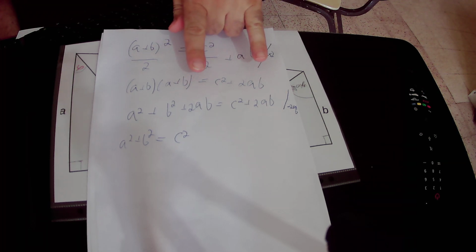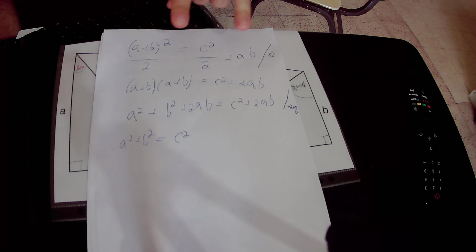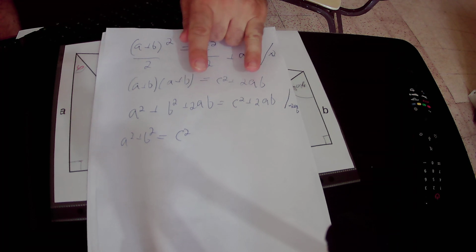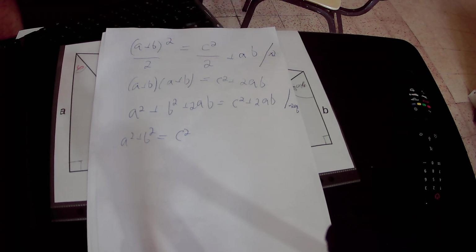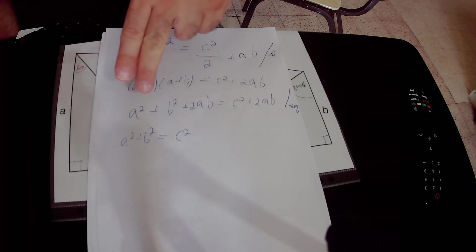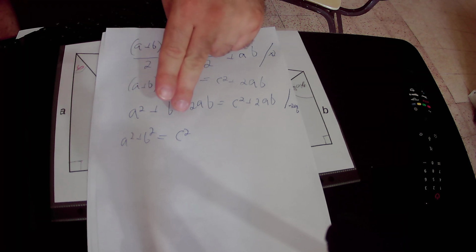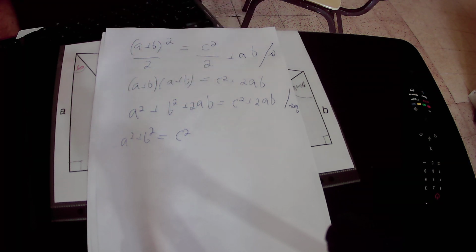Here we can deduct the expression 2AB from both sides of the equation, and we get that A squared plus B squared is equal to C squared.